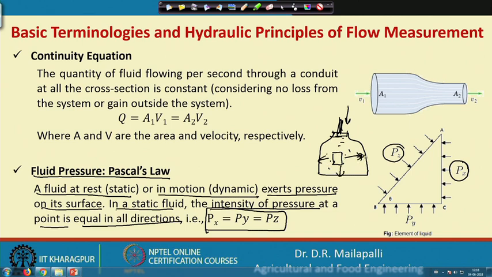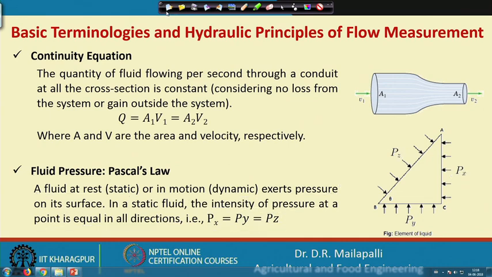The pressure at this point is equal, the pressure at this point is equal, and so on. So, the pressure P which is acting on top will be P, P, P. Okay. So, in static position, the pressure exerted in each and every part will be equal.